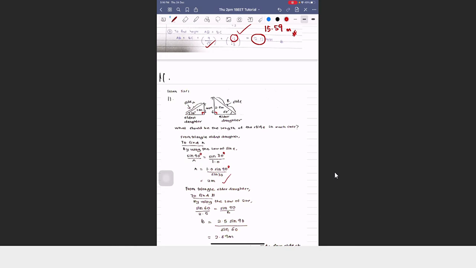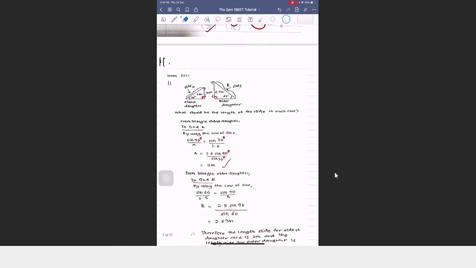Because if there's no degree notation, then it could be a radian, since radian doesn't have that notation. Only when it's degree you have that notation. So if it's 30 degrees, put that degree notation. Don't forget that, because otherwise it can be a different thing.